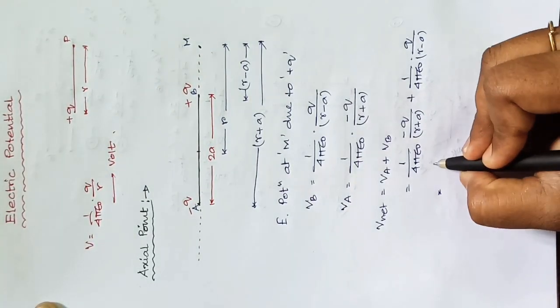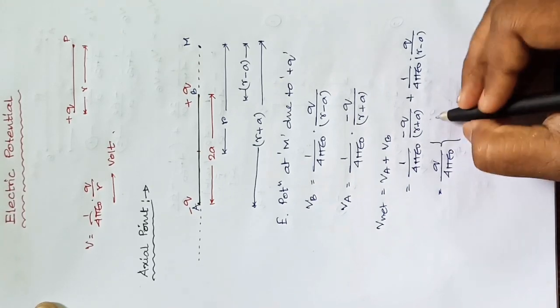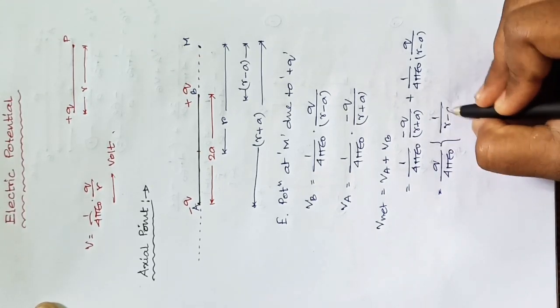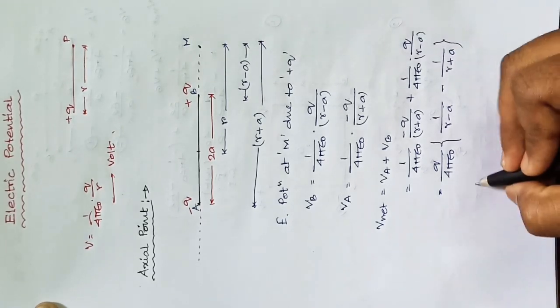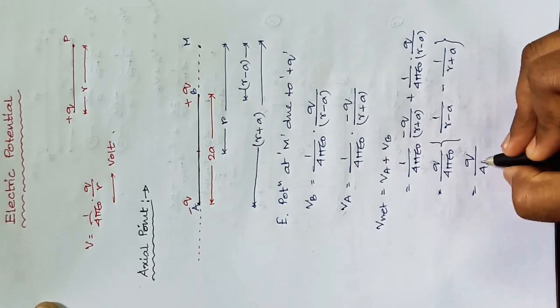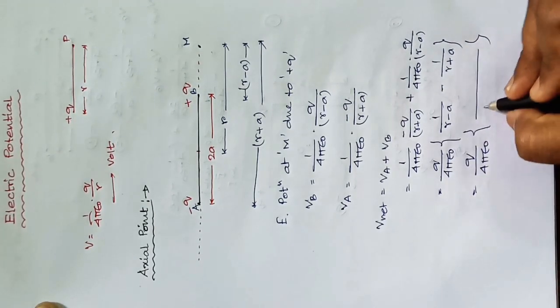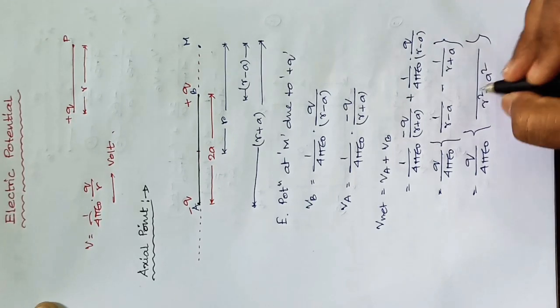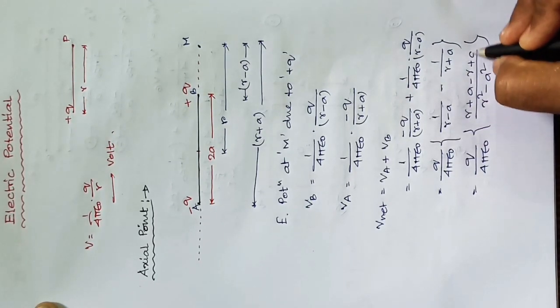And afterwards, if we take Q by 4 pi epsilon 0 common, we will have 1 by r minus a minus 1 by r plus a. So Q by 4 pi epsilon naught, here we will have r square minus a square, r plus a minus r plus a.